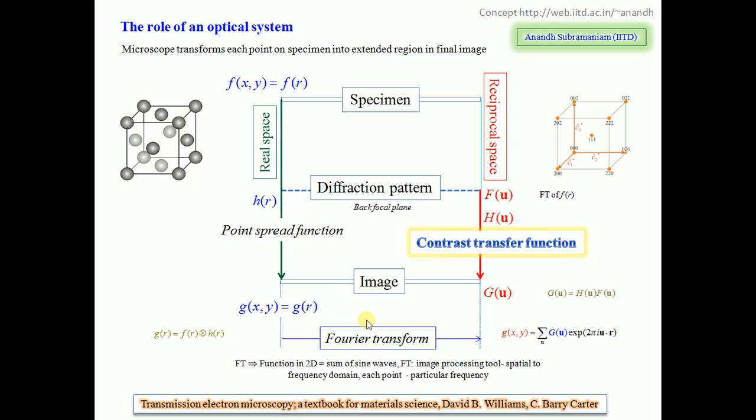These are the two things we will understand first before discussing the role of the optical system in HRTEM. The microscope transforms each point on the specimen into an extended region in the final image. A small point of the object is seen like this disk because it is two-dimensional imaging, so you suppose it as an extended circular region in the final image.